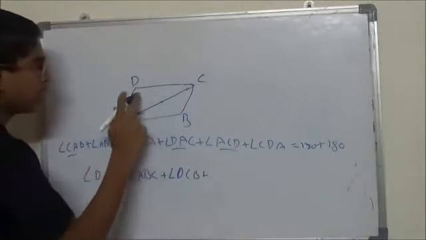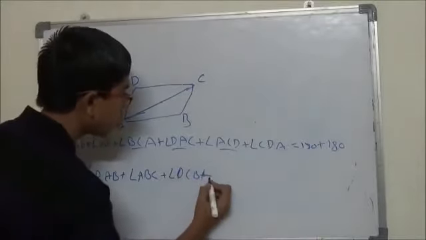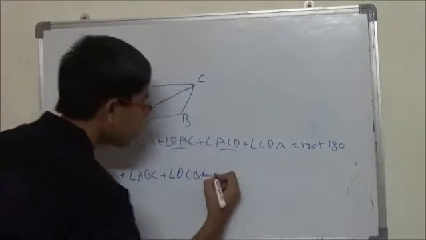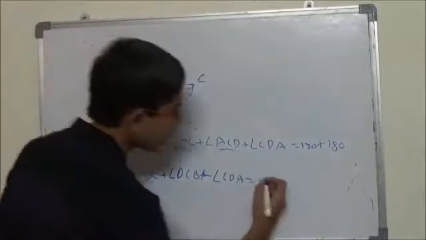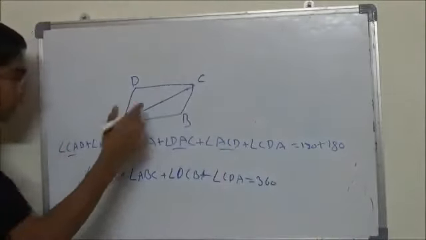This is also like D, which is not divided into any parts, so this is also a whole angle. So we can write angle CDA, and the sum equals 180 plus 180, which is 360. So we have all the angles of this quadrilateral.